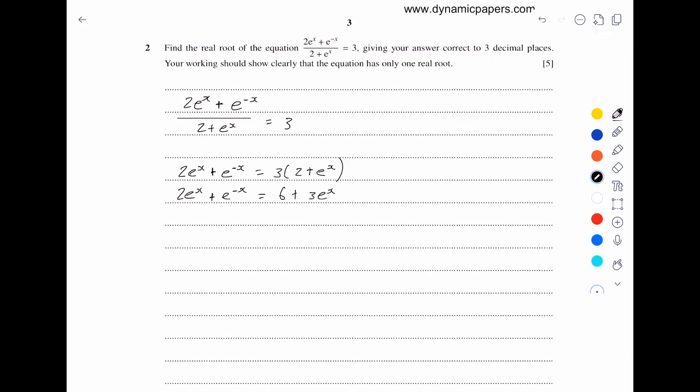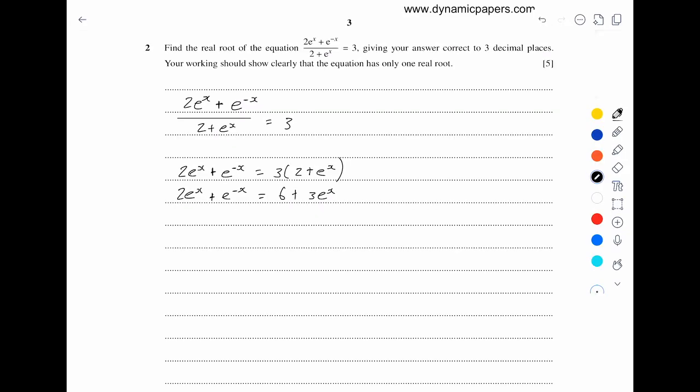I mean, the first bit is correct. After all, it wants us to find the real root of the equation, which means the value for x, which means we're going to have to set up some sort of equation first.